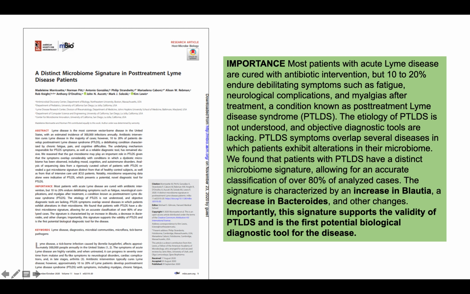But they have found that these individuals have a distinct microbiome signature. So they have a distinct makeup of their microbiome. And in fact, they can even do sequencing, genetic testing on this microbiome, and 80% of the time it is correct in diagnosing Lyme disease. So anyhow, please look this over.